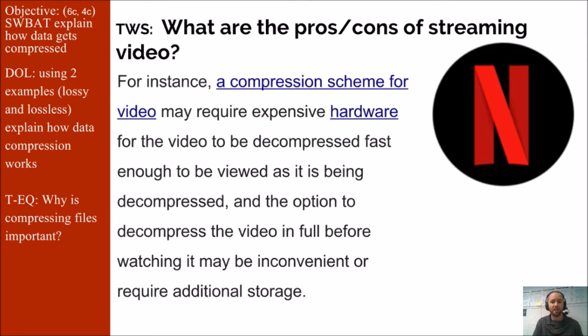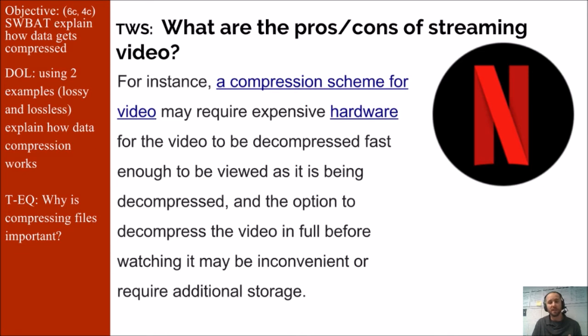The option to decompress the video in full before watching it may be inconvenient or require additional storage. So essentially, instead of just sending the entire video, you could maybe use source coding to make the transmission itself smaller and thus just stream the video. And as long as the streaming service is ahead of the client, you're going to be good. There should be relatively seamless streaming.